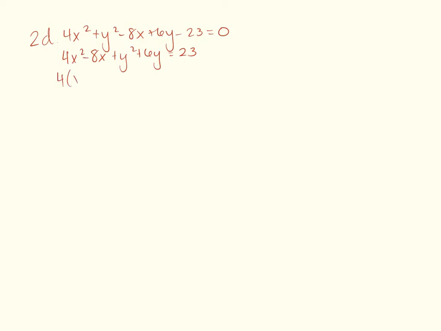Okay, and so then let's look at one that's a little more complicated. So 2d, 4x squared plus y squared minus 8x plus 6y minus 23 is equal to 0. So first thing we got to do is get this into the standard equation of ellipse, right? So I'm going to get all the x's next to each other and all the y's next to each other. I'm going to factor out a 4 from the x's.